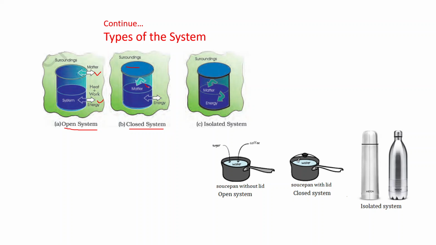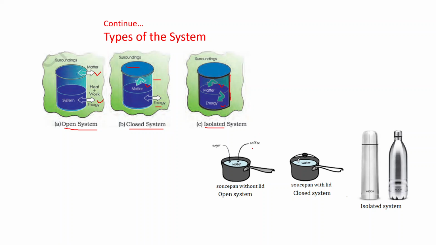Matter cannot exchange in this case, but these walls are conducting walls. That's why energy can exchange. Now this is an isolated system. In this case, both matter and energy are not exchanging with the surroundings. Actually, in this case, these dark lines represent the insulated walls.